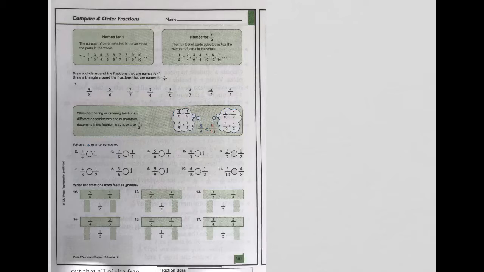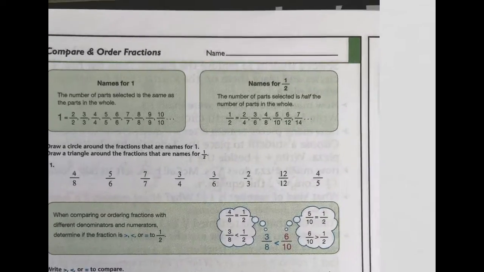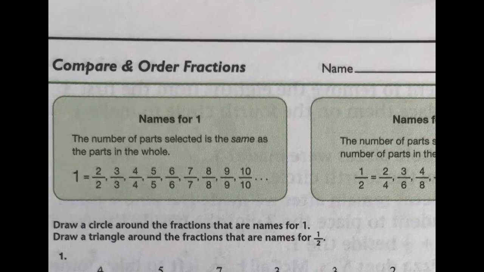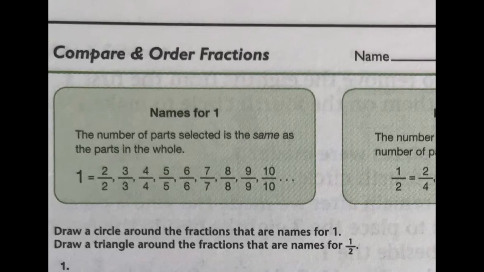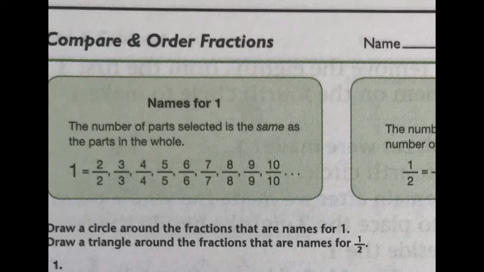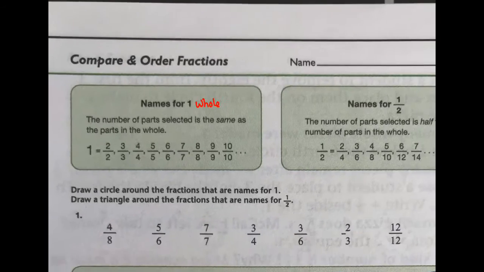All right. So before we start, let's review what a whole is, because if you look here, we need to find out the names for one, and what they mean is one whole. So if I have a cookie, let me make this small.